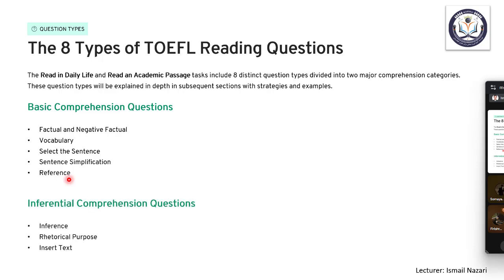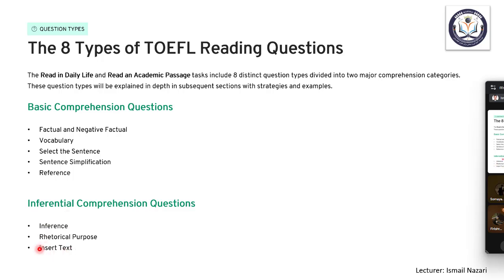The second category is inferential comprehension questions. These include inference, rhetorical purpose question, and insert text question.